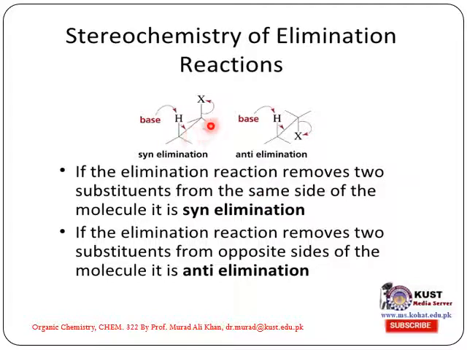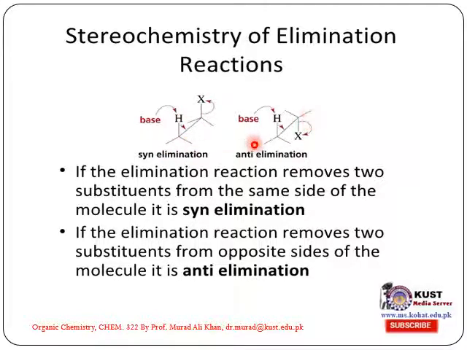Here, if you see this molecule, both the heteroatom X and the hydrogen, the beta hydrogen on which the base has attacked, which is to be removed, are on the same side. So this is syn elimination.